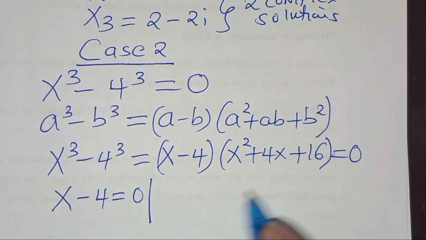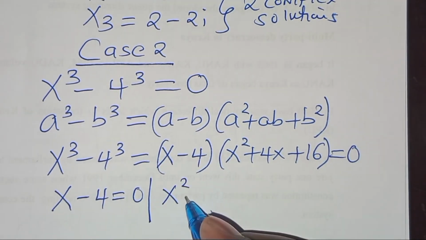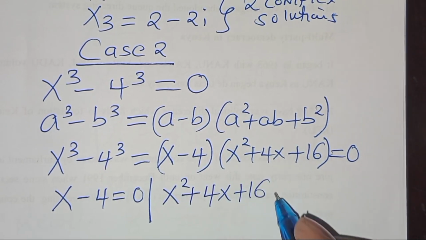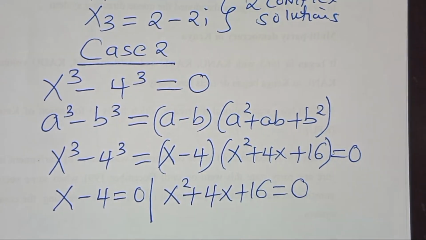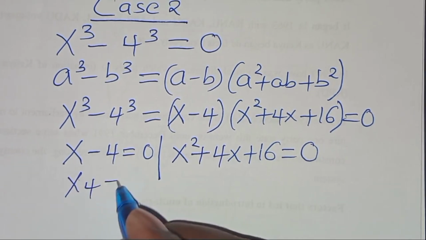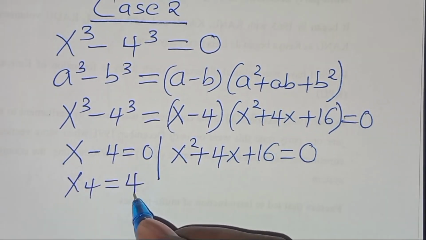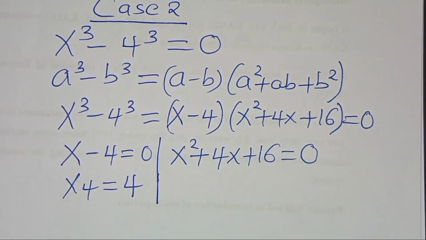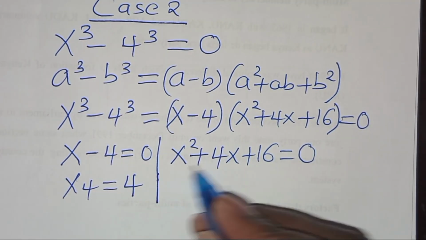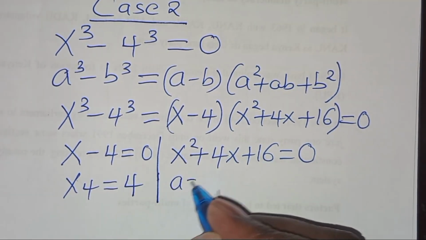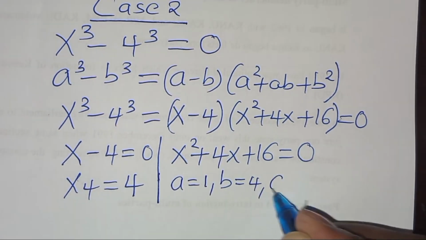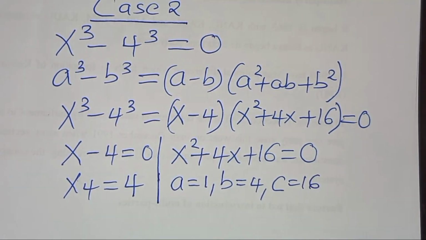The second part here is x squared plus 4x plus 16 equal to 0. Essentially here, x4 is equal to 4. And we have that the second part here is a quadratic equation with a equal to 1, b equal to 4, and c equal to 16.